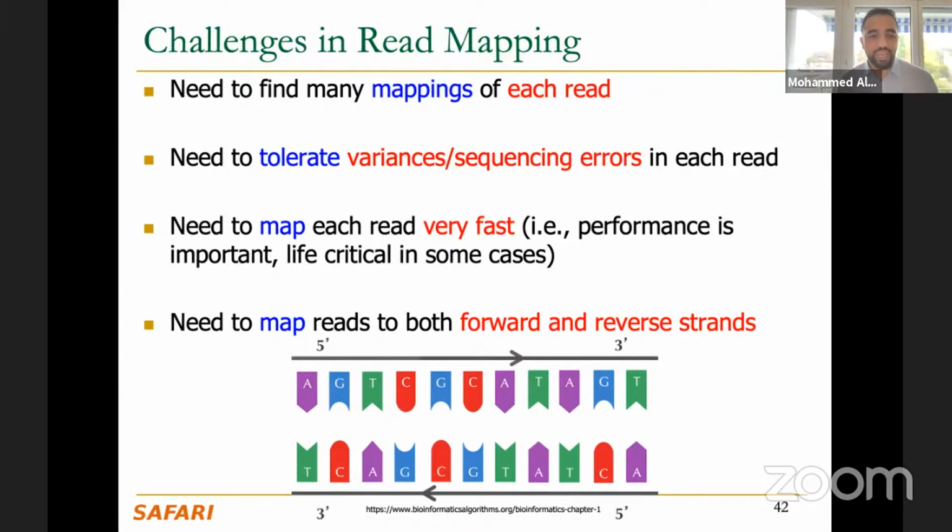And the fourth challenge is that you need to map reads to both forward and reverse strands. What does that mean? As I said in the previous lecture, the DNA is a double helix structure. It's coiled. This is one strand, this is the other strand. They are chemically bound to each other. Each base is connected with two or three hydrogen bonds.